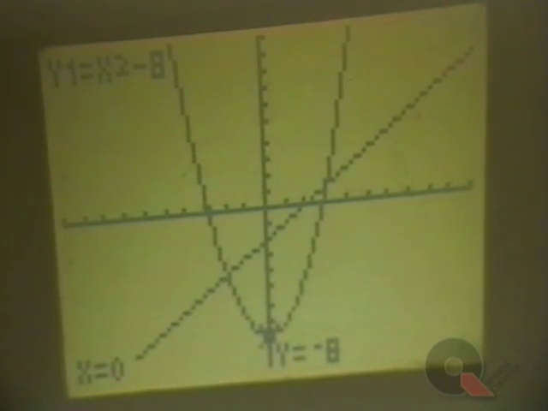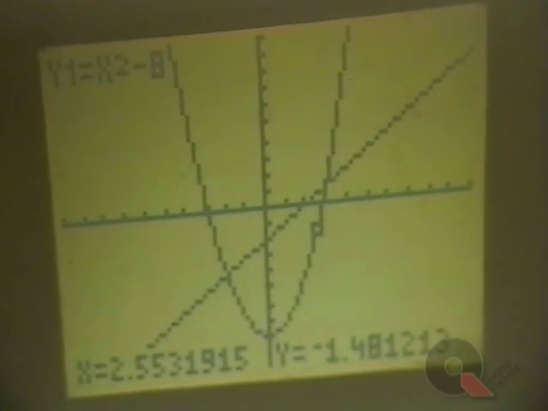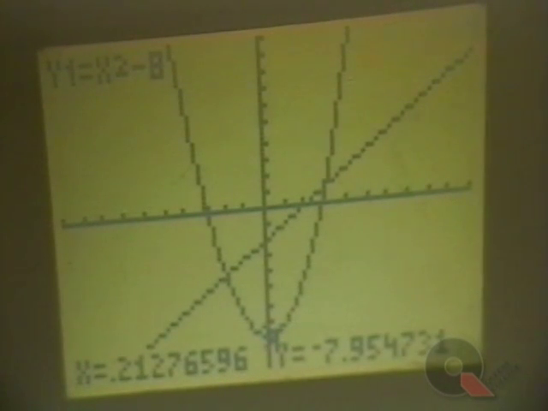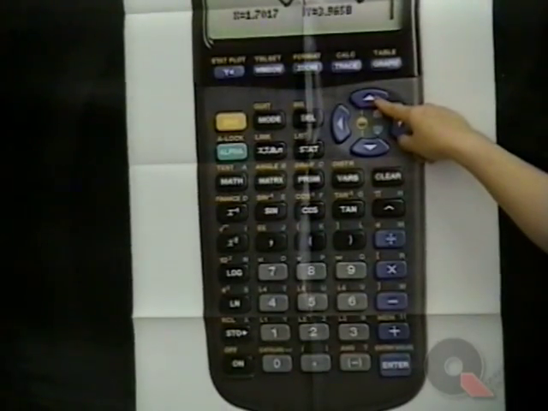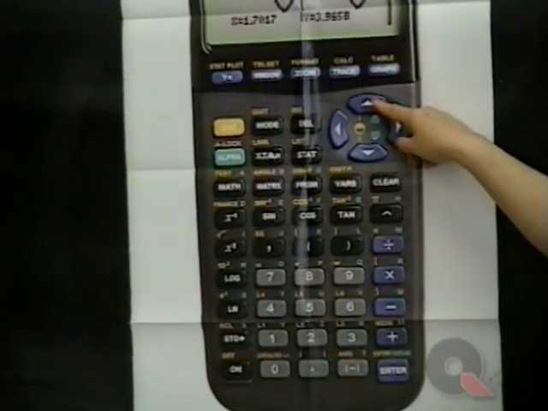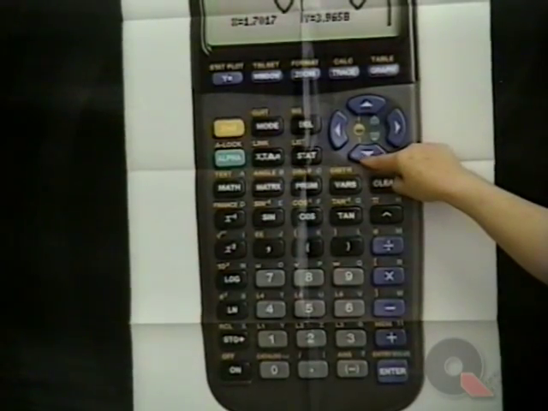Right now the trace key is tracing the y equals x squared minus 8 curve as we go around. If you wanted to trace the other curve, it's on this one. You come down here and look for a second at the calculator. It switches between the two functions that it's graphing simultaneously if you hit one arrow or the other arrow.